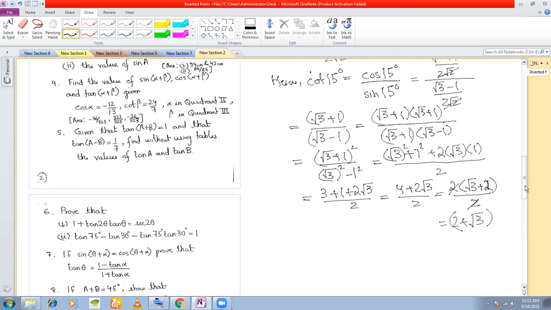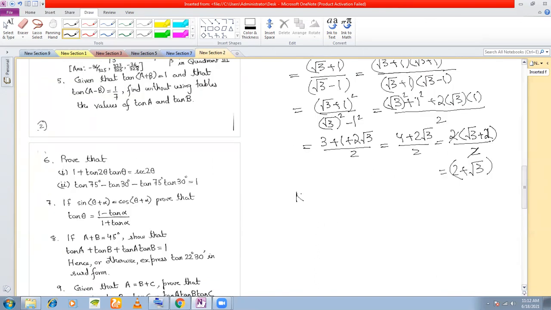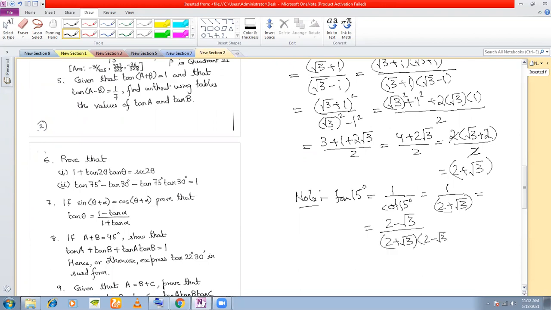Okay. What you need to note, therefore, is that tan 15 is 1 by cot 15, which is equal to 1 by 2 plus root 3. You rationalize the denominator of this. Let's rationalize here. 2 minus root 3 divided by 2 plus root 3 into 2 minus root 3.